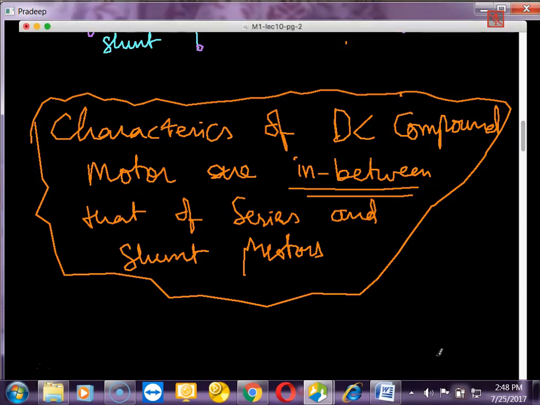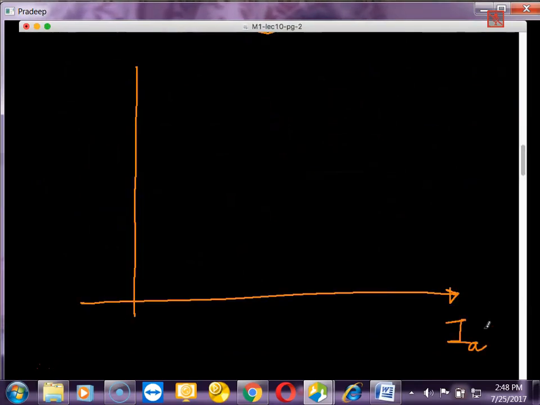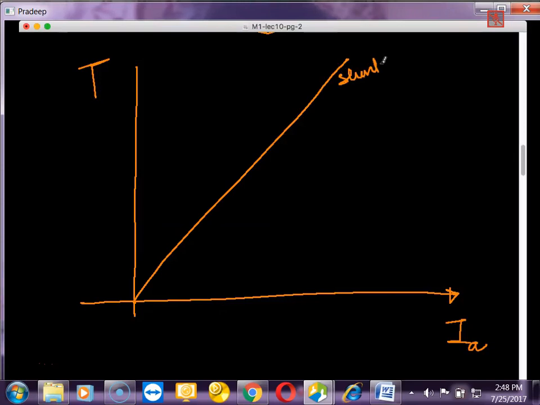So for example, I have IA versus torque. It is a straight line in the case of a shunt motor, whereas in the case of a series motor, it's initially a square and then followed by a straight line.